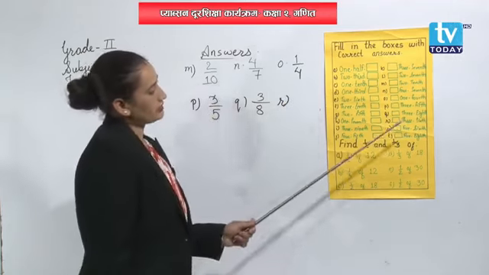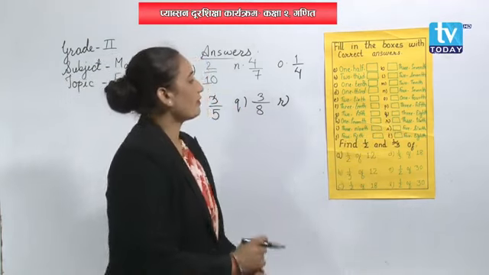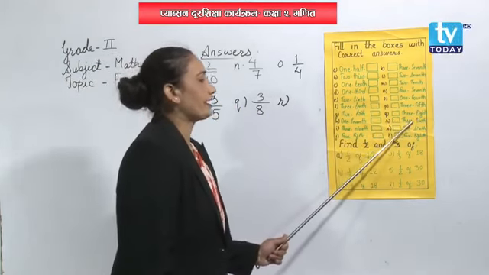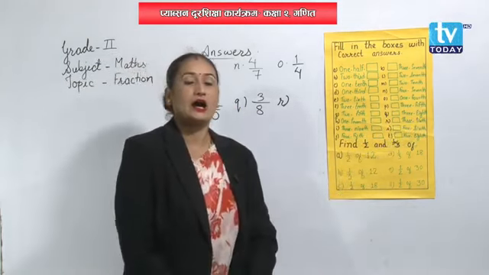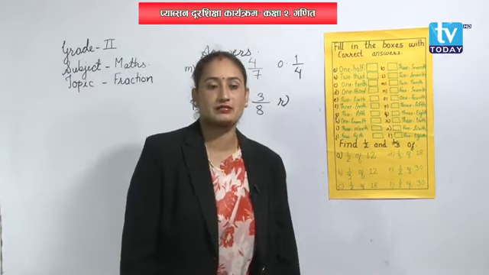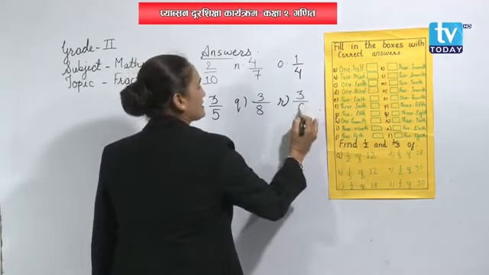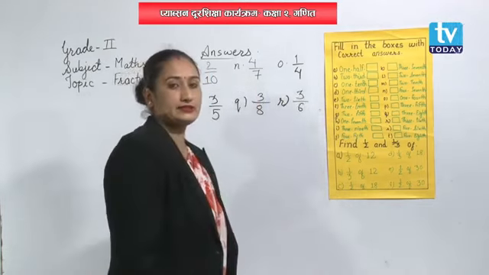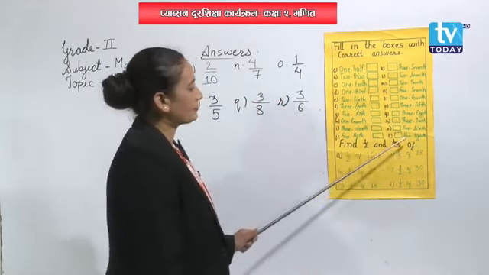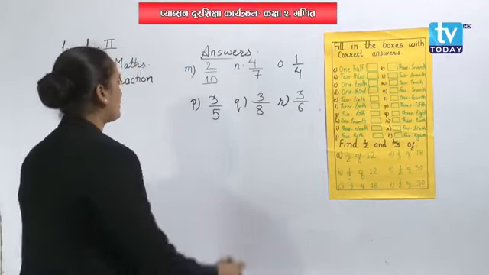Okay students, in the next number, what is written over here? 3/6. Out of 6, how many parts are shaded? 3 parts. Then how to write? 3/6. Have you written? Okay. Now another. 5/6. How to write?